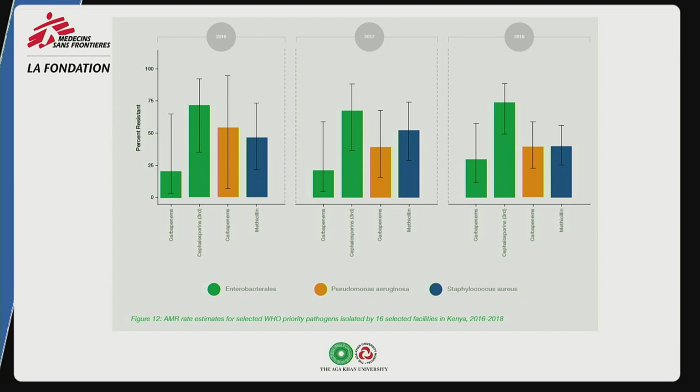And the MRSA rates, the blue bar, is at 50. And when it is slightly lower, it's at 45 or 35. And the yellow bar, which is Pseudomonas resistance, is also very considerable. And unless we are able to detect this, how are we going to fight the AMR?